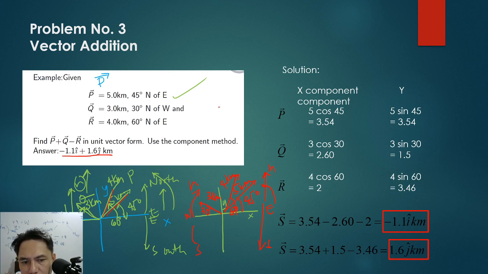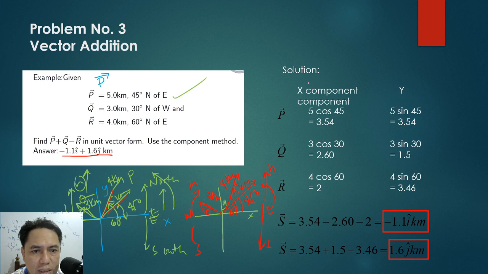So we are going to find the components one by one so that we will be able to solve the resultant or the summation, which is negative 1.1 i, resulting in x, and the positive 1.6 j.